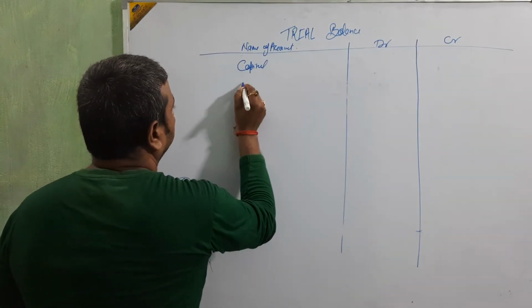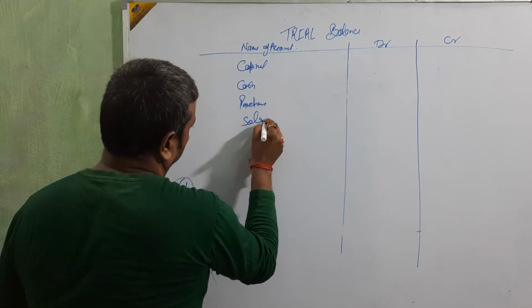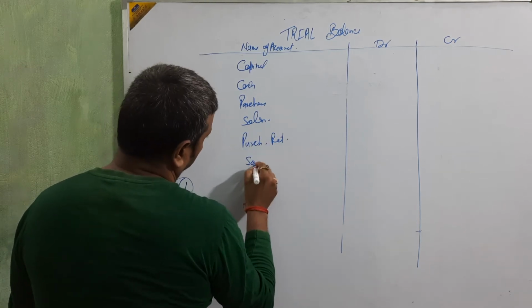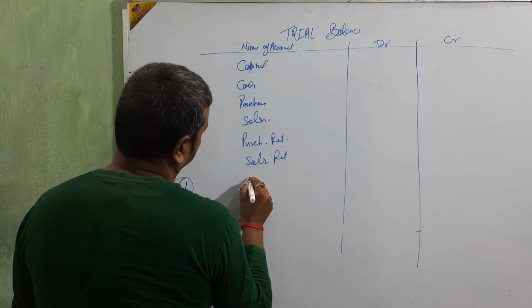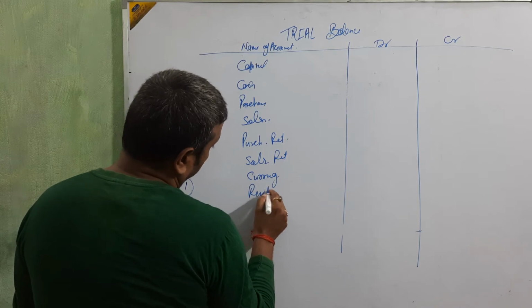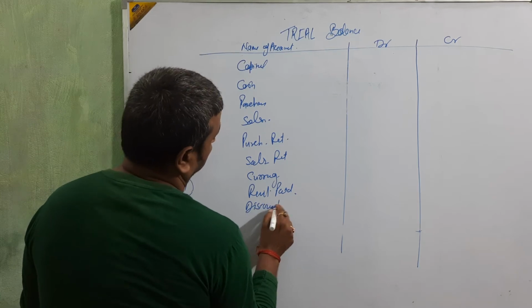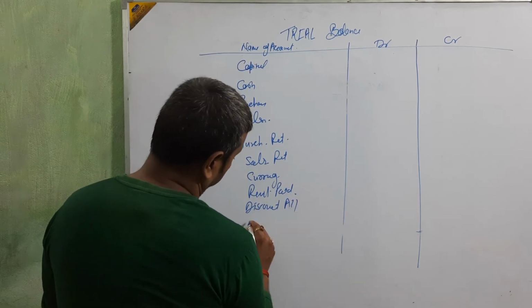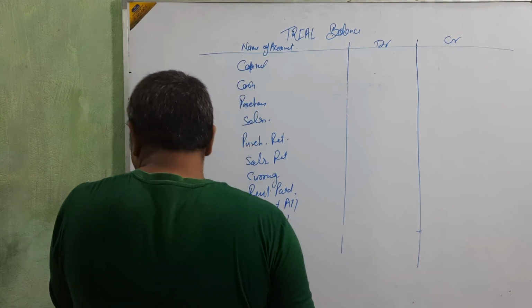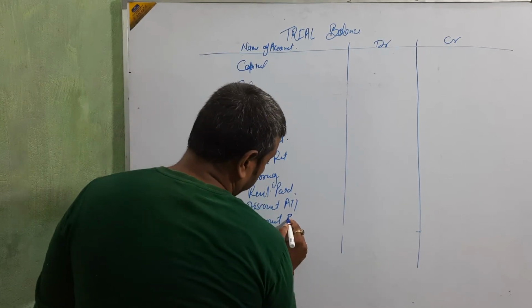Capital, cash, purchase, sales, purchase return, sales return, carriage, rent paid, discount allowed, discount received.